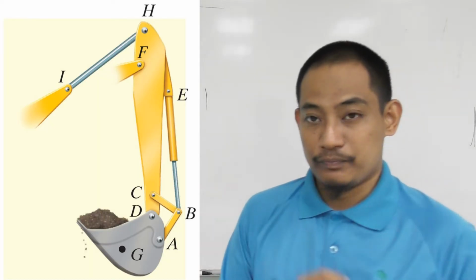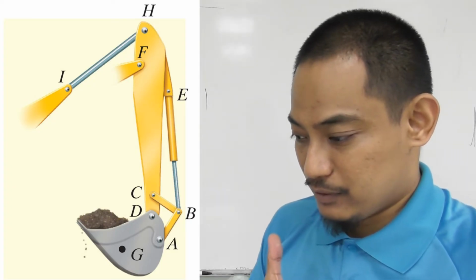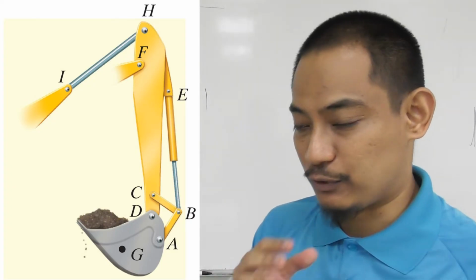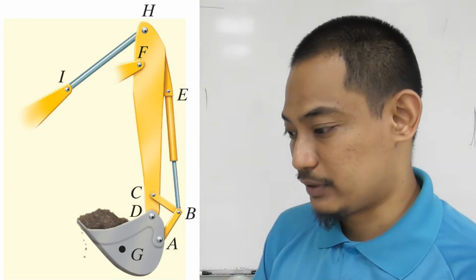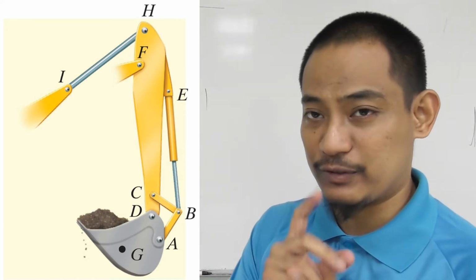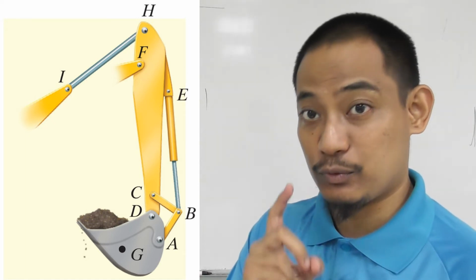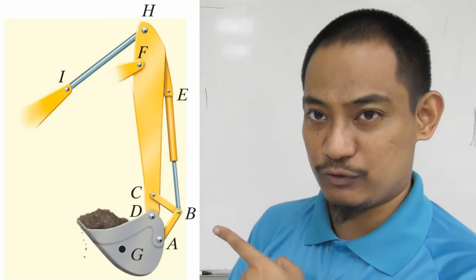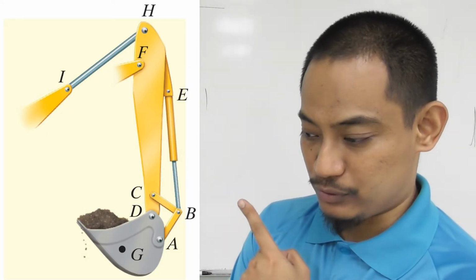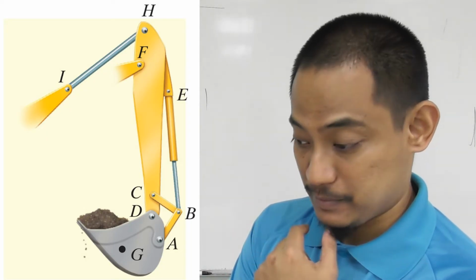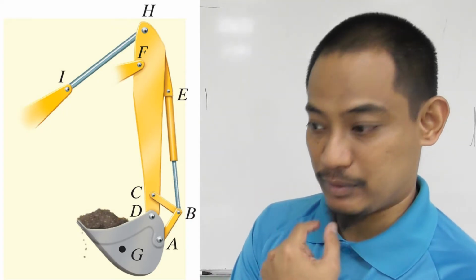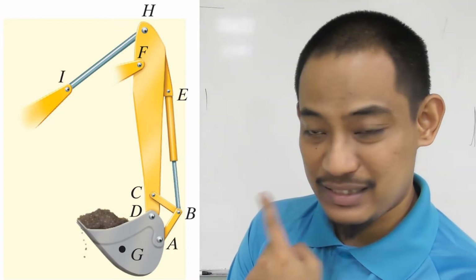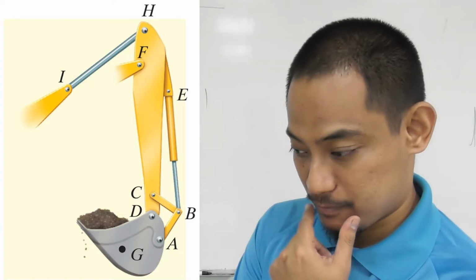Anyway, so here, what do you have? Okay, regardless of the question, right? We just focus on the free body diagram, right? So the first question you have to ask again is, is there any two force member? You should be able to see AB is a two force member, BC is a two force member, BE is a two force member as well, right?